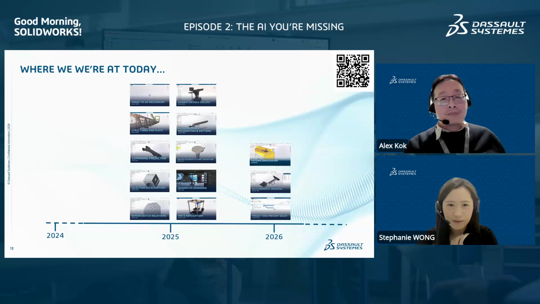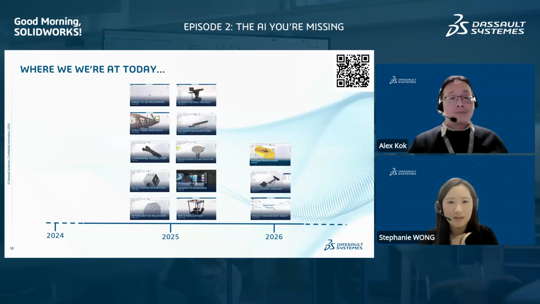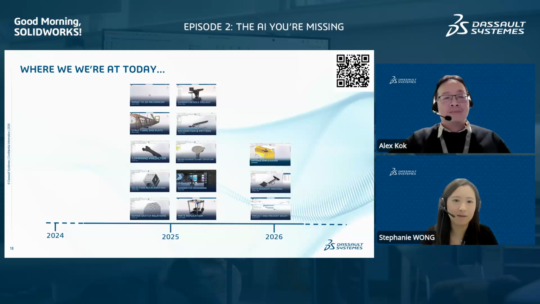I think there are so many AI assist features introduced last year, and in our last episode, we talked about the smart fasteners, right? Yes, we did. And I think many engineers may have a bit of a love-hate relationship with the fasteners because we see them almost every day in the design work, but placing them correctly can really take a lot of time, especially when we are dealing with many repeated holes.